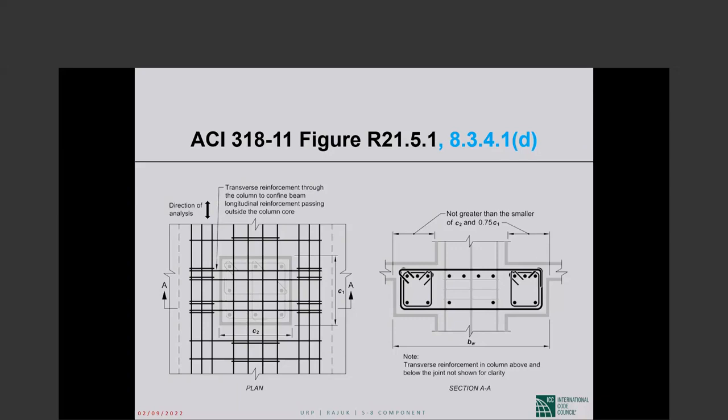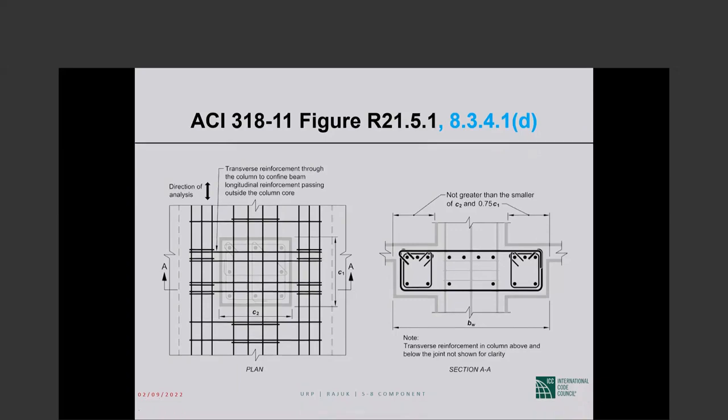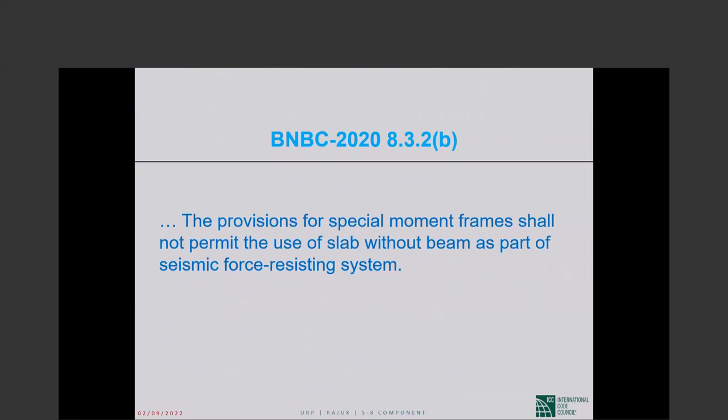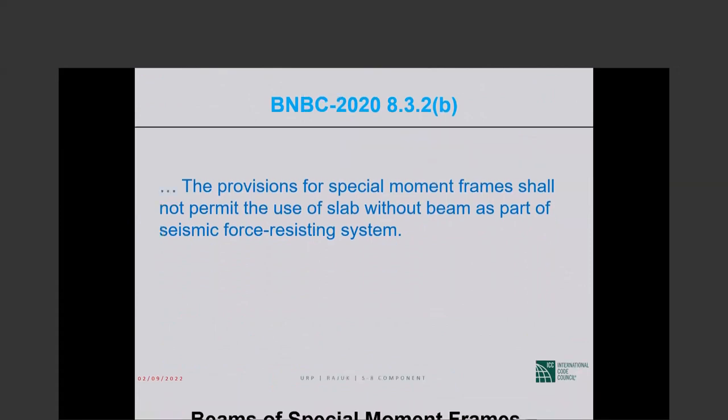I want to point that out to you. This is very important. Okay, so this is the BNBC statement. The provisions of special moment frame shall not permit the use of slab without beam as part of seismic force resisting system. I think this is wonderful that this is explicitly said in the code.